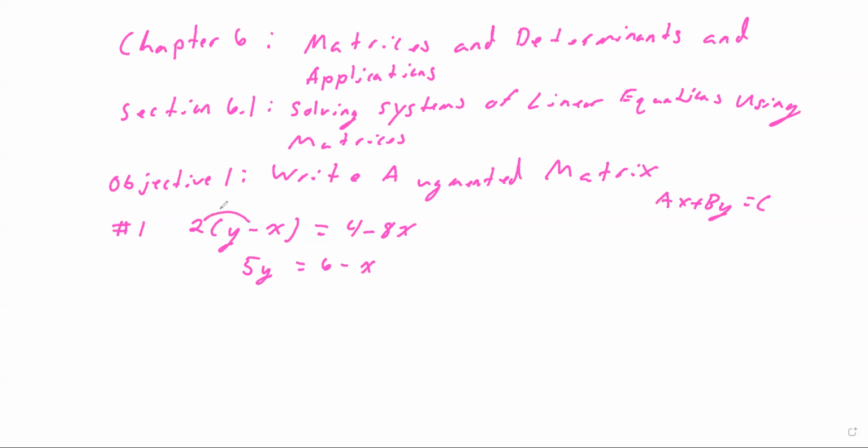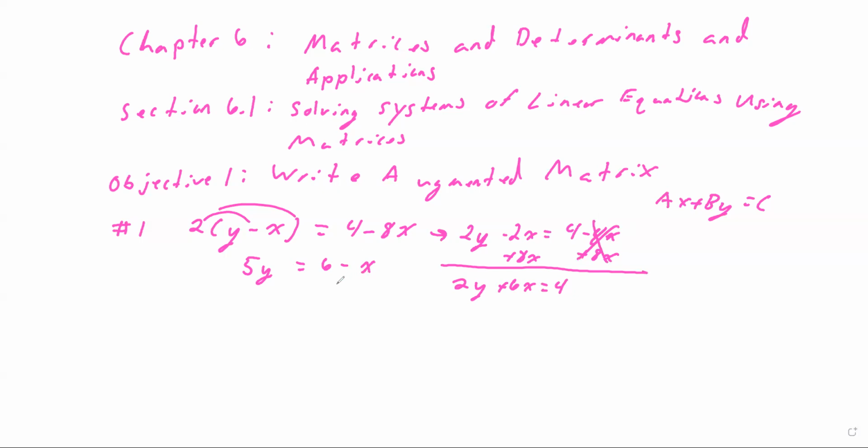And to do that, we need to distribute so that we get 2y minus 2x equals 4 minus 8x. And then I'm going to move the 8x over. So that gives us 2y plus 6x equals 4.